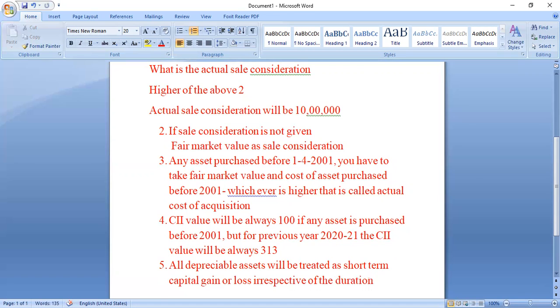Buildings, furniture, machinery and equipment are depreciable assets. So we are not concerned with the duration, more than 3 years or less than 3 years, because depreciable assets we have to treat as short-term capital gain or short-term capital loss. This is the important point.